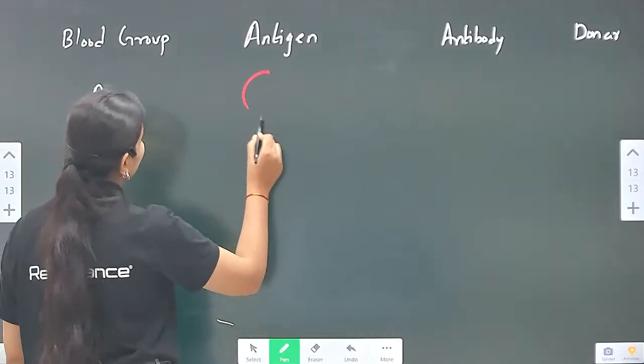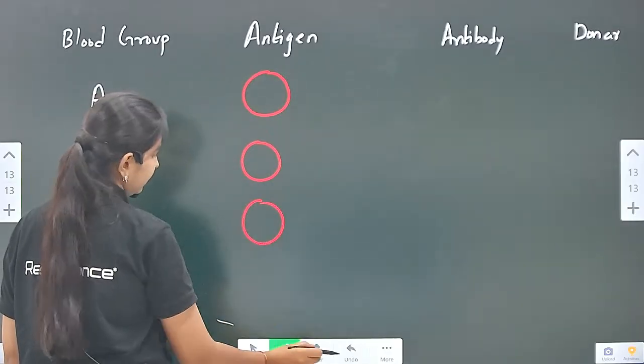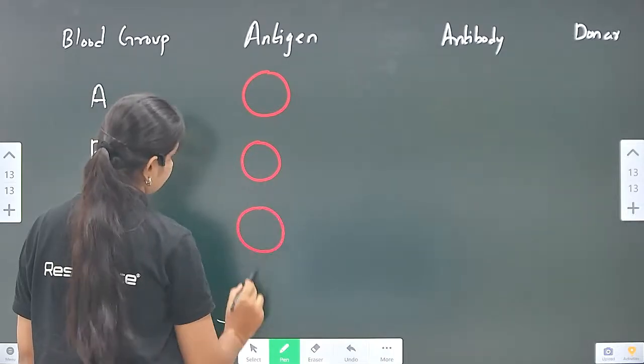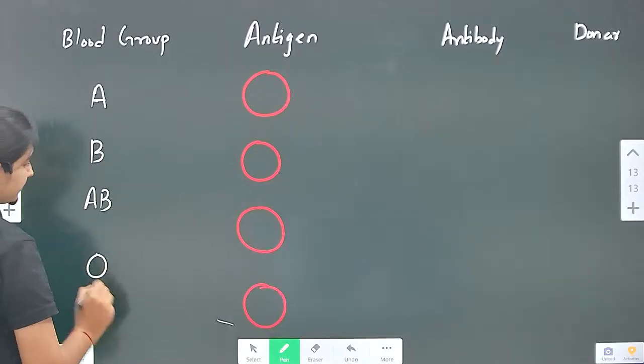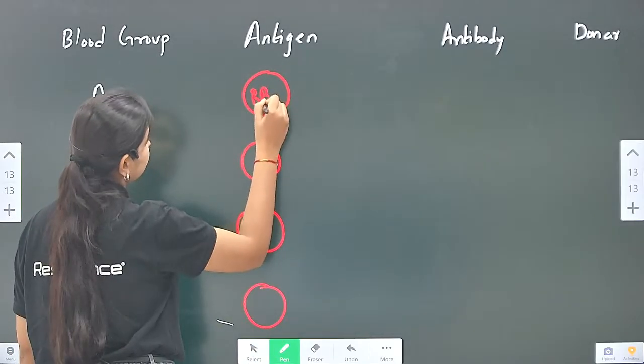This is your RBC. I think we missed out O. So these are your RBCs, students.